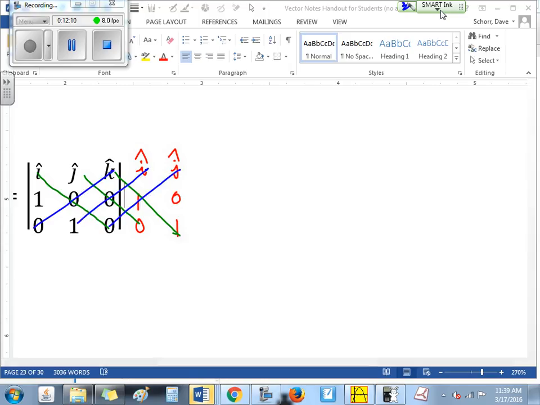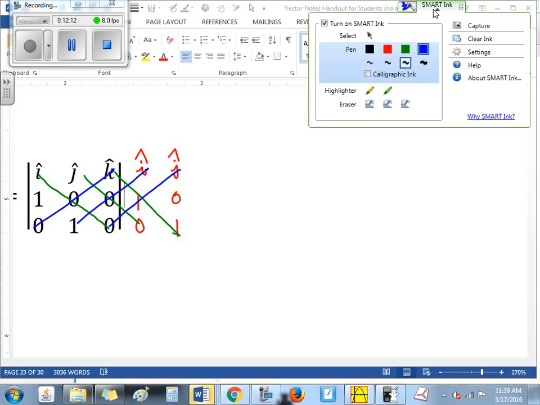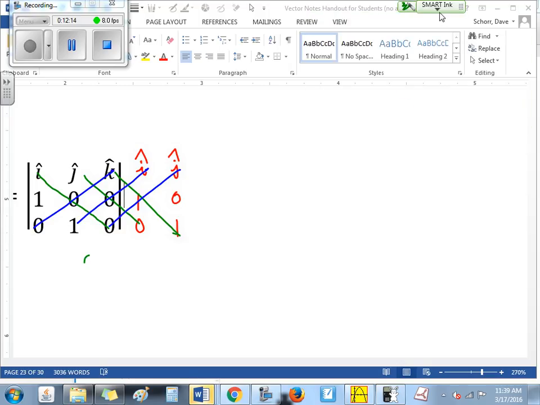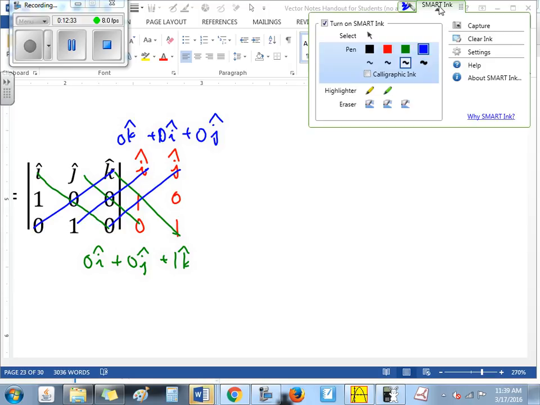Fortunately for us, there's a lot of 0s and 1s. So that means when we follow the green lines, we literally get 0 I hat plus 0 J hat plus 1 K hat. When we follow the blues, we get 0 K hat plus 0 I hat plus 0 J hat. Then we take the results of green and subtract off the result in blue.